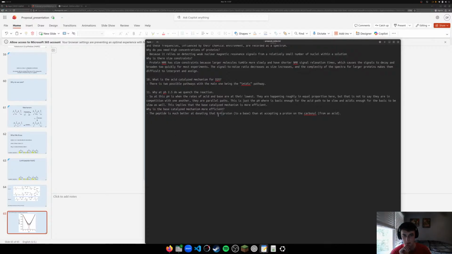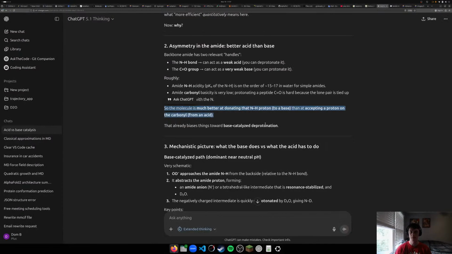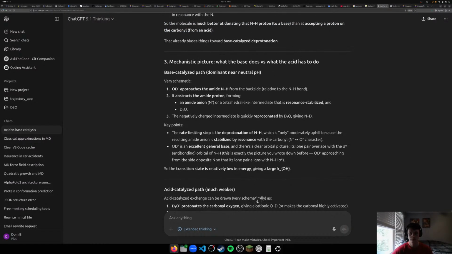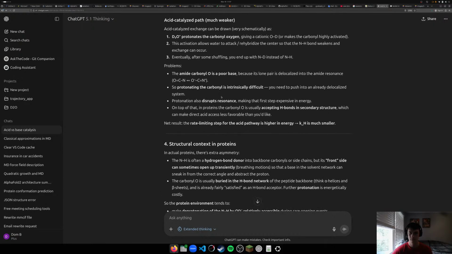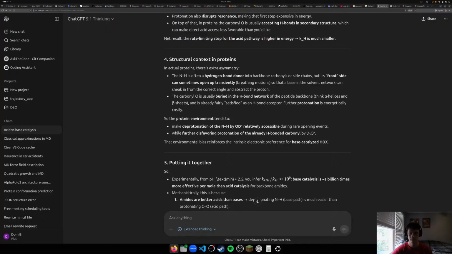Peptide is much better at donating a proton to a base than accepting a proton at the carbonyl.